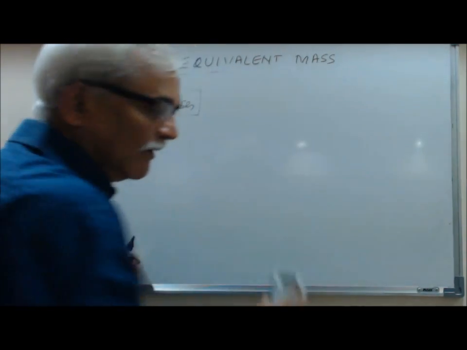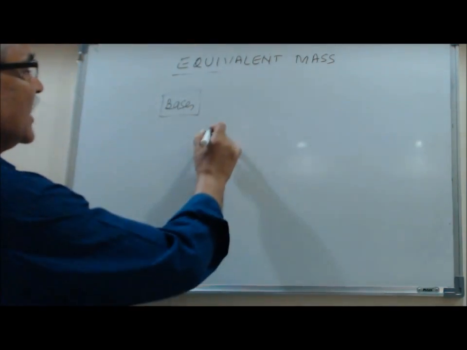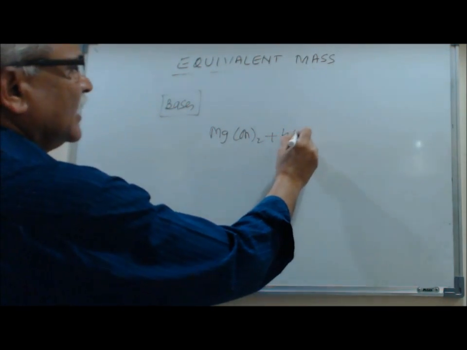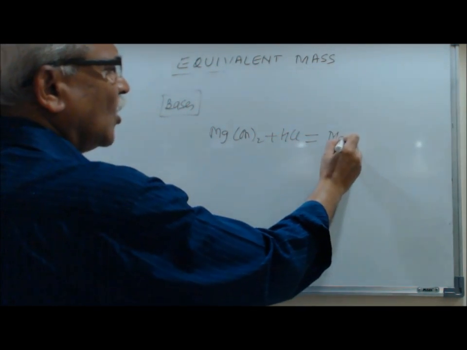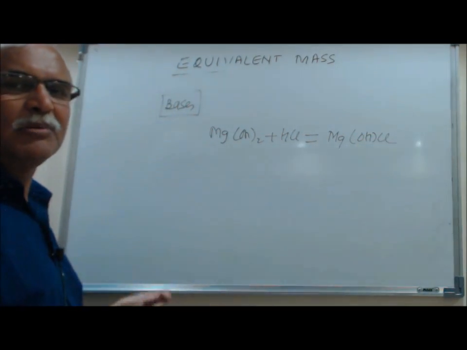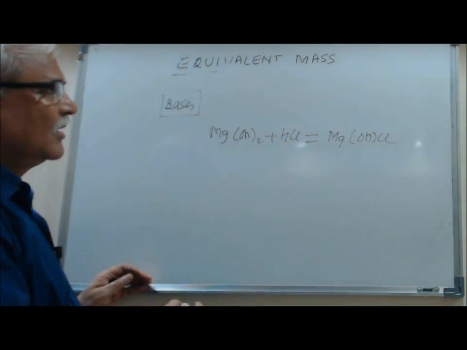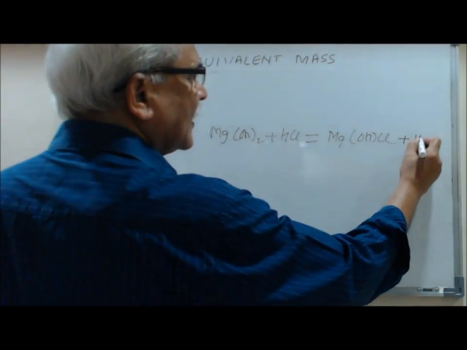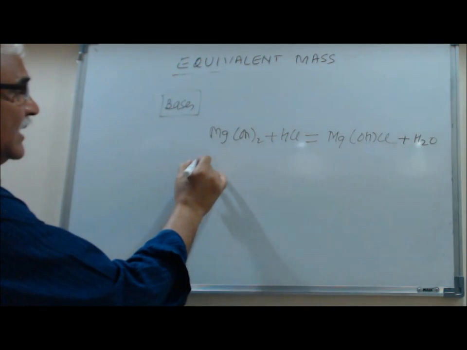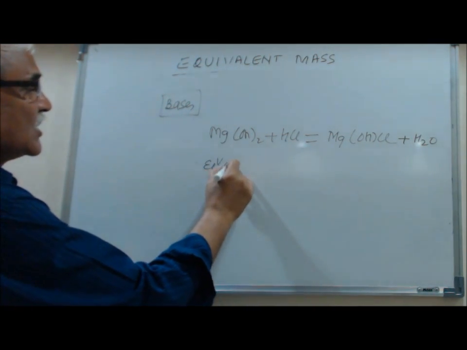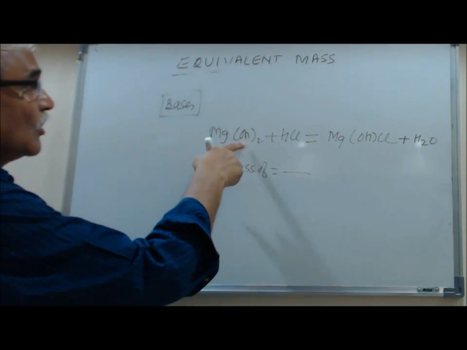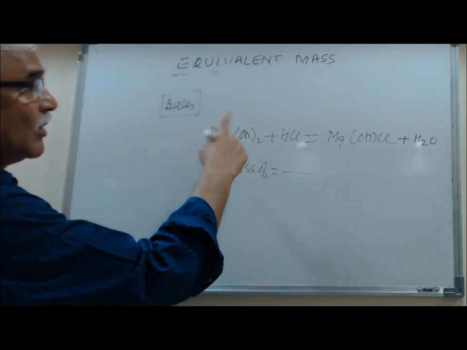So if I have a base, magnesium hydroxide, and I react it with HCl, is there a possibility of producing this kind of molecule? Of course, yes, we just saw it. If it happens, what will be the equivalent mass of magnesium hydroxide? Here, out of 2 hydroxyl groups, only one has come out.